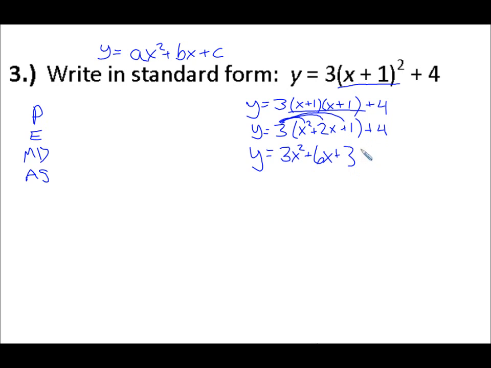And the plus 4 just drops down. That's the last thing you evaluate. y equals 3x squared plus 6x plus 7. If it now looks like this, where a, b, and c are just any numbers, we have standard form, and we do. So the answer is 3x squared plus 6x plus 7.